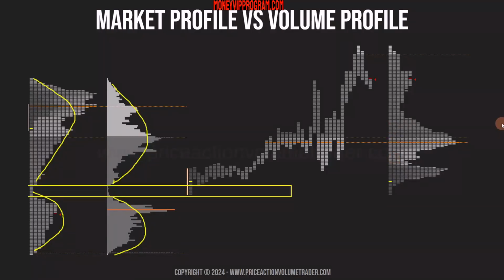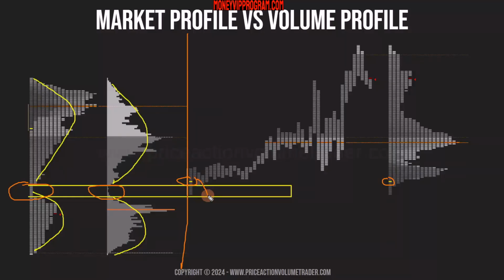Similarly here, where we talked about earlier, we have the TPO and volume profile, and you can see we have double distributions. We have a low volume node here, which coincides with a single row of TPOs. And then the next session, you can see that we opened right over here.